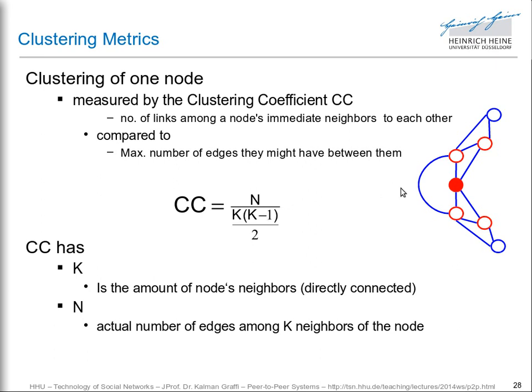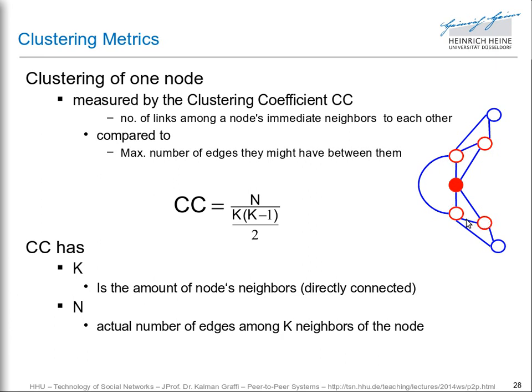For example, here this is our node, and these are the neighbors of this node, and the actual number of edges among the k neighbors of the node are 1, 2, 3.